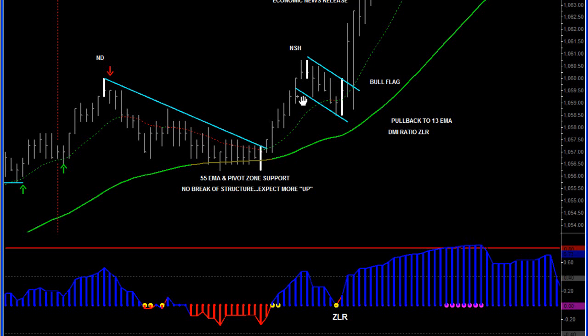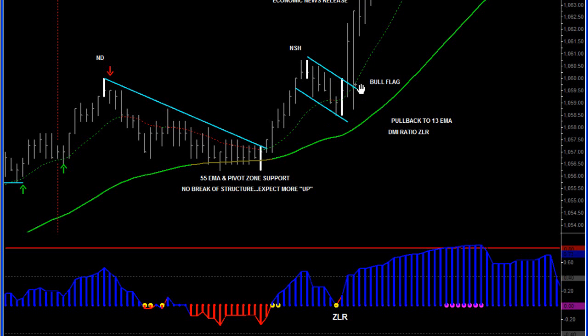So we finally broke the progression, we moved up, made a new swing high, and then we pulled back in more of a bull flag type formation here today. In this example, we had a zero line reject on the DMI ratio, which is very bullish. So a pullback to the 13 EMA. The reason why I use the 13 EMA is because on fast moves up and aggressive moves where they don't actually pull back all the way to the 55 EMA, we want to find a level where approximately we can expect to have some sort of a pivot put in place.